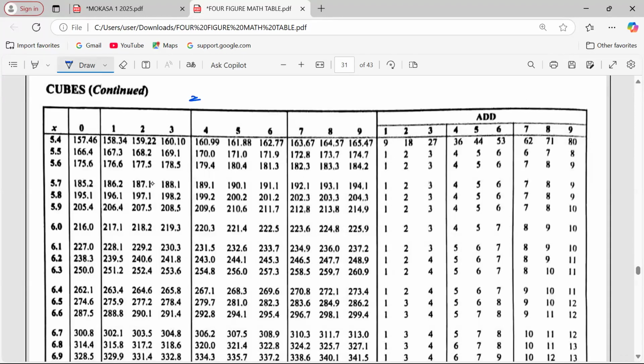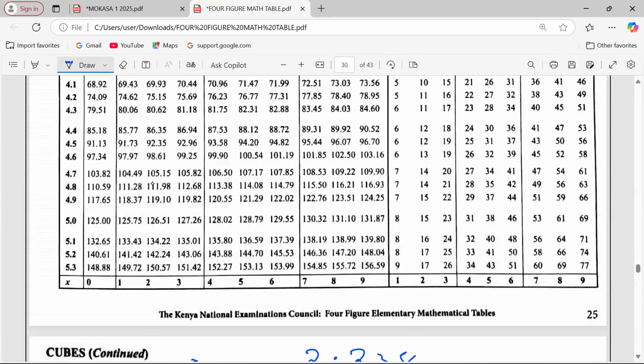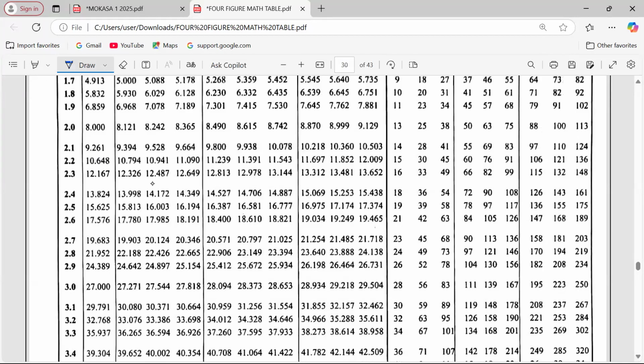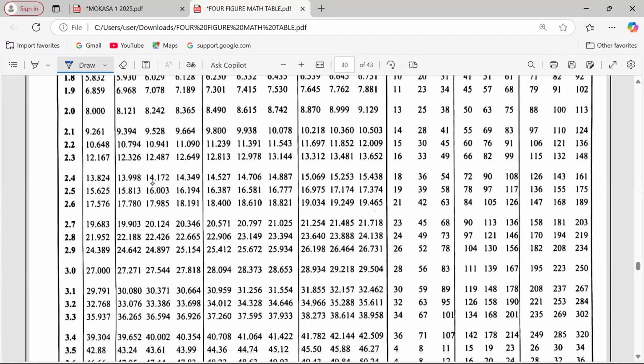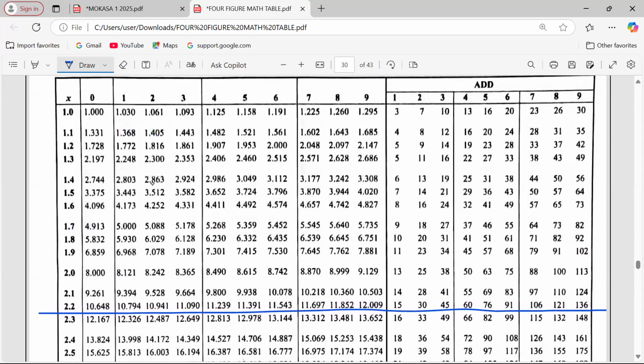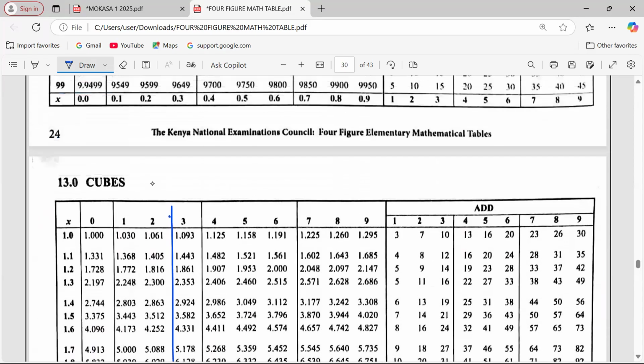So we are cubing 2.238. So I have to read 2.238. So 2.2, that is the row. Then the column of 2.23, so the column of 3, which is here. So this is what we are reading first, 11.090.